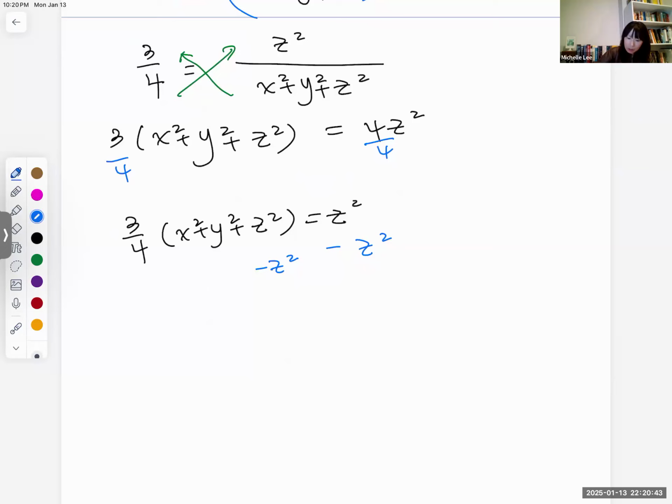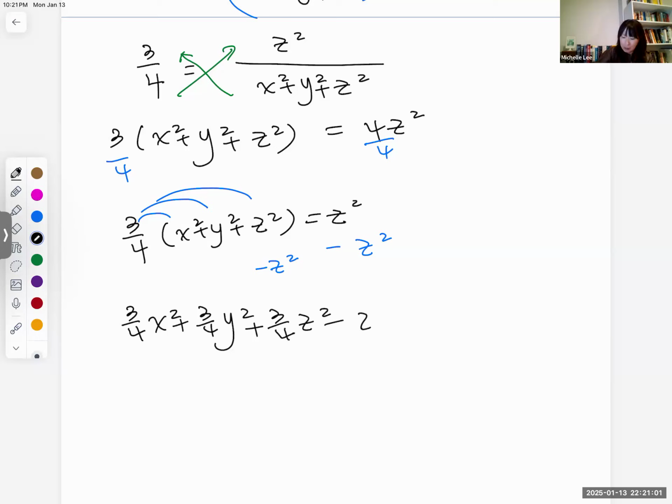Okay, so let's distribute everything. Then negative z squared. So we have 3 over 4 x squared plus 3 over 4 y squared plus 3 over 4 z squared minus z squared equal to 0. So let's combine. So 3/4 minus 4/4.